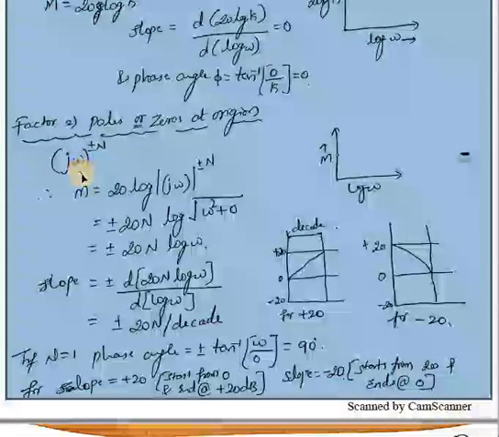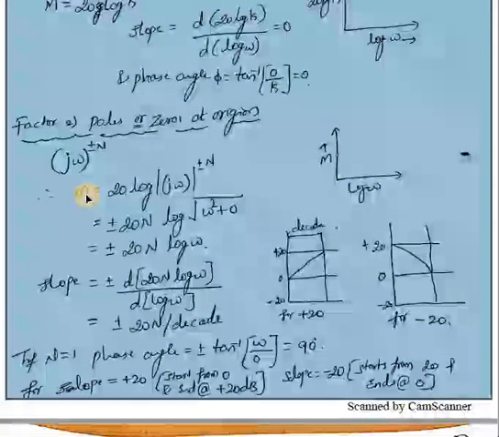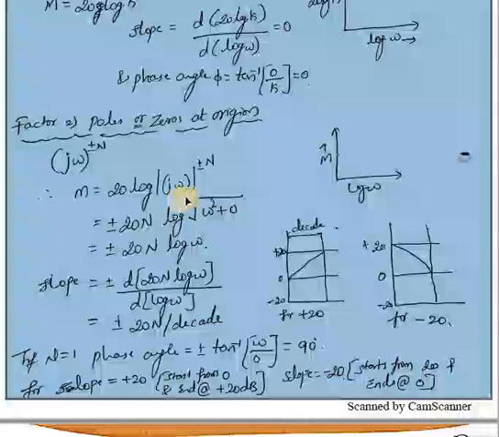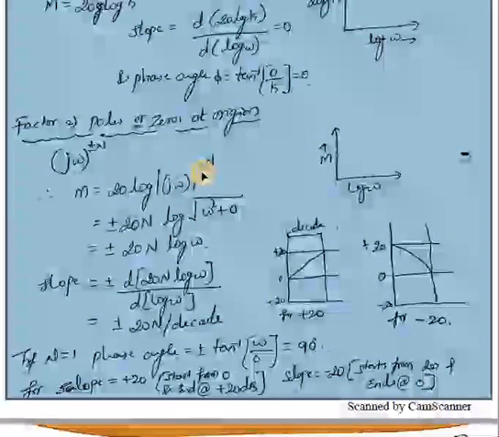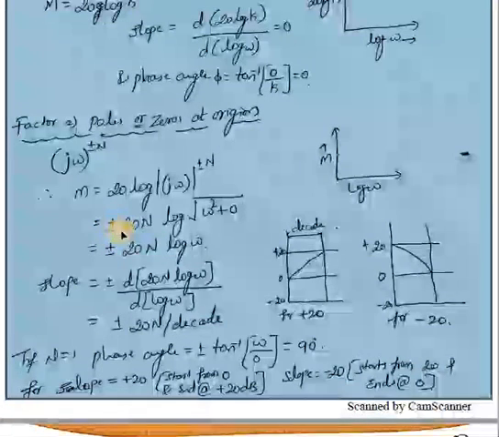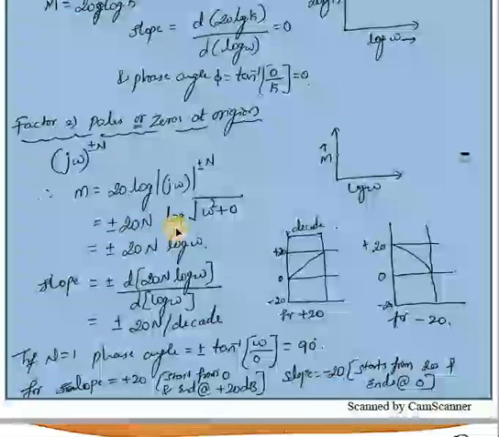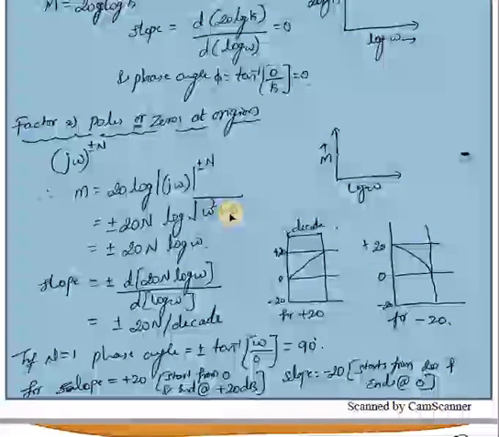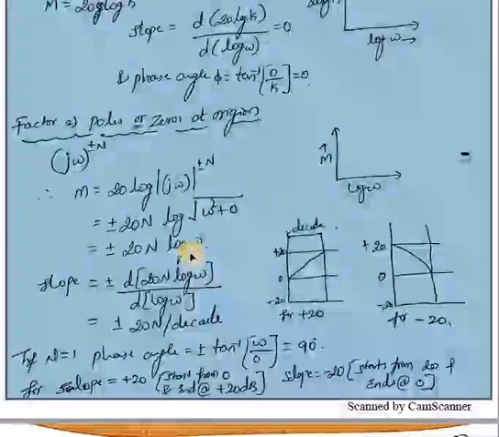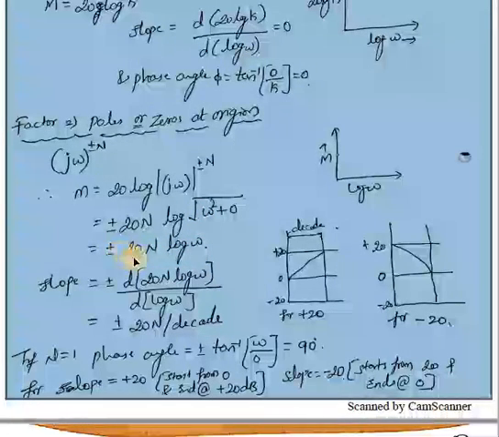So for this the magnitude M will be 20 log of the magnitude of (j omega) raised to plus or minus n, or we can write it as plus or minus 20n log of square root of omega square plus 0, because there is no real part. So root of omega square will be omega only, so we get plus or minus 20n log of omega.